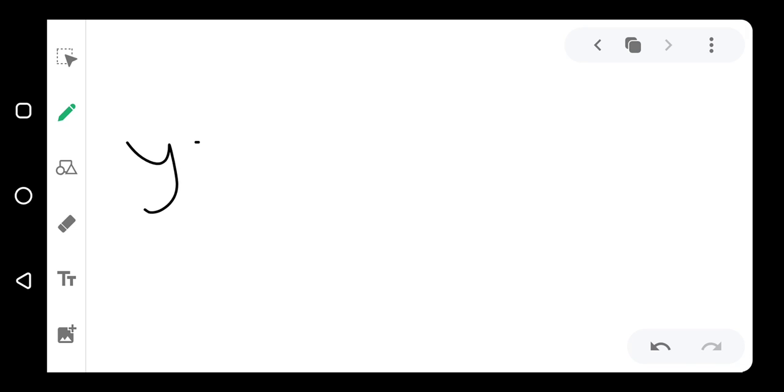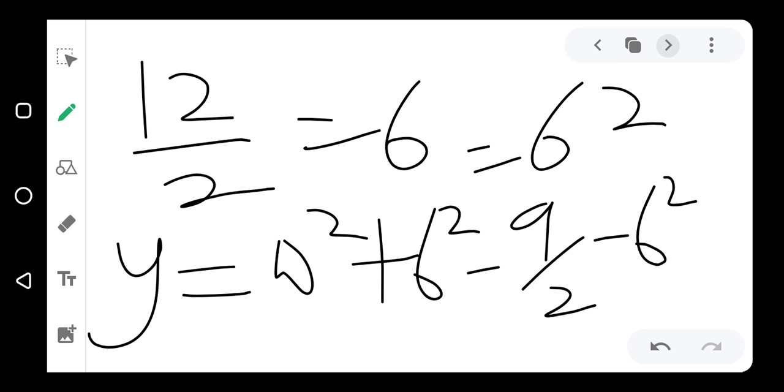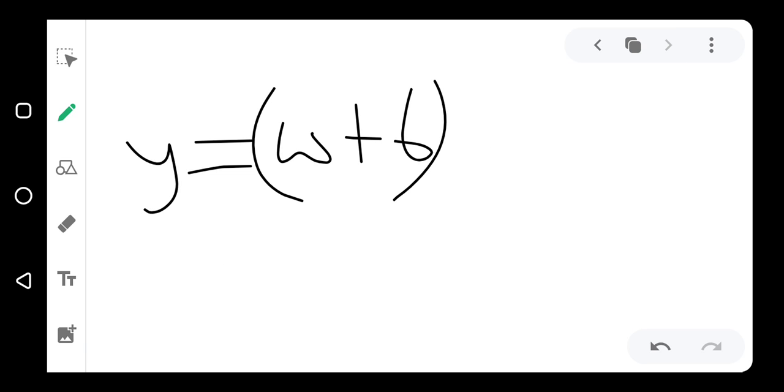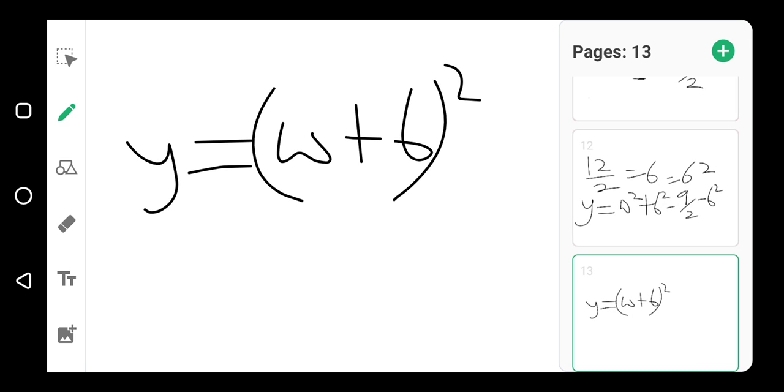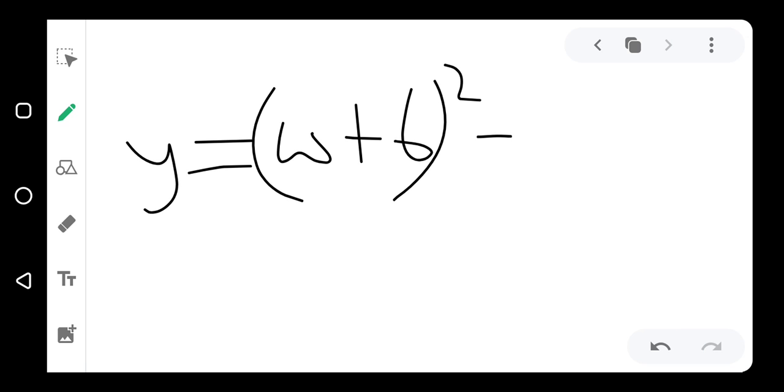and now this gives us y equals w plus 6 squared, then we have minus 9 over 2 minus 6 squared, which is 36.